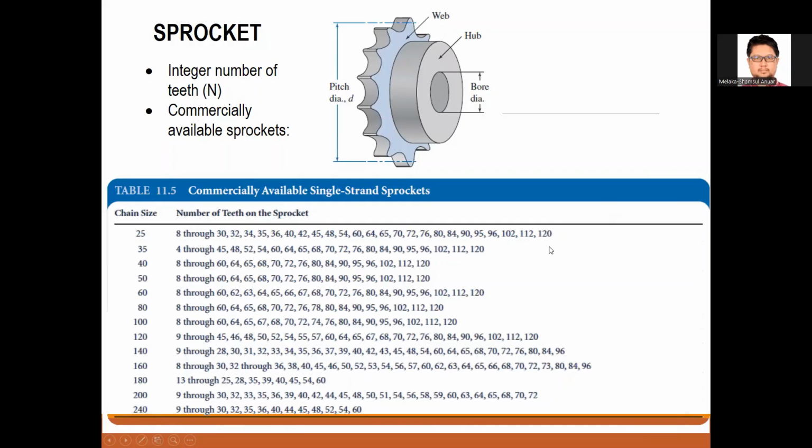So these are the available numbers of teeth on the sprocket for that category, chain number 25. If you go to chain number 40, it'll be different. You go up by 1 from 8 through 60, and then you jump to 64, 65, jump to 68, 70, and so on.